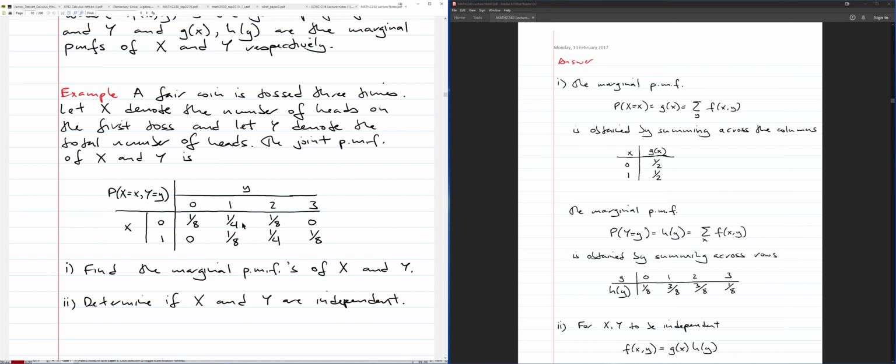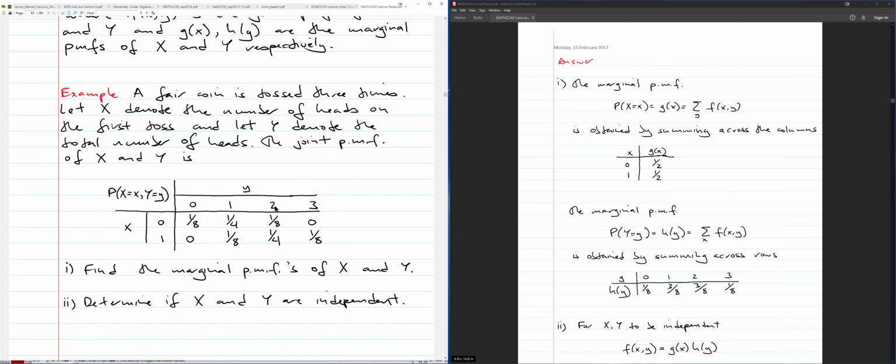Similarly, if we want the marginal PMF for random variable Y, what you'd need is the probability that Y is equal to 0, 1, 2, and 3. To get probability Y is equal to 0, you add these two joint probabilities in this column, and you get 1/8. To get probability Y is equal to 1, you add these two joint probabilities and you get 3/8.